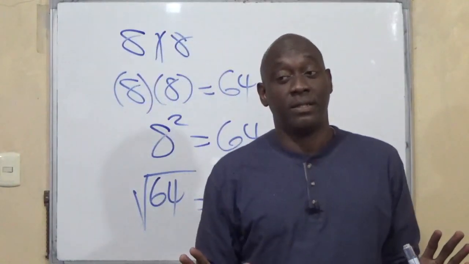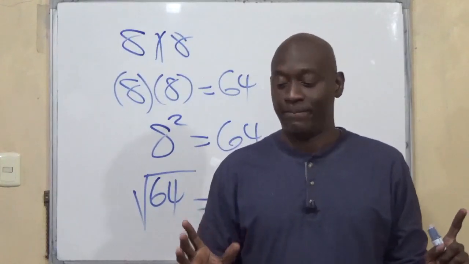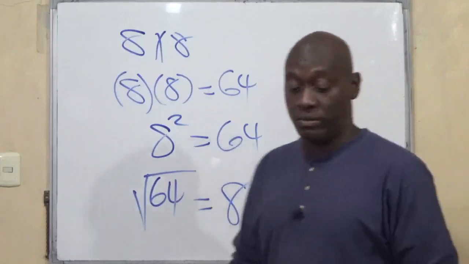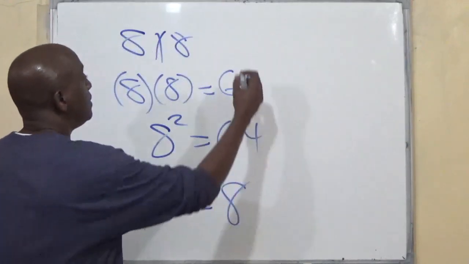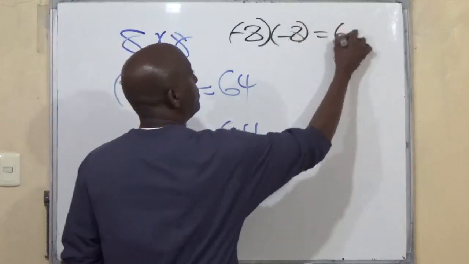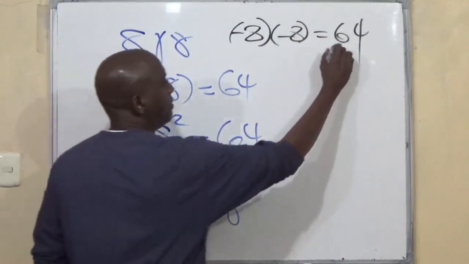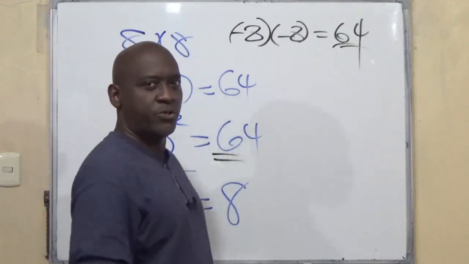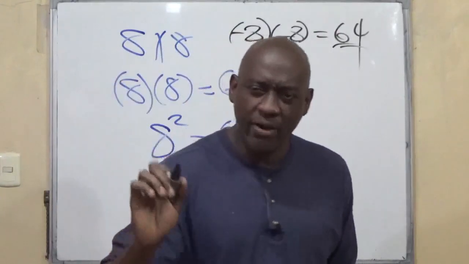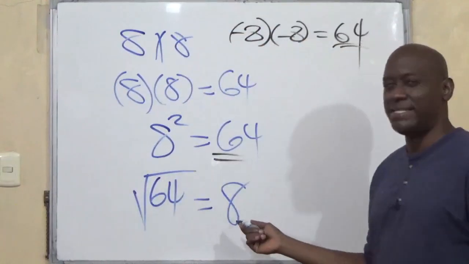But now that we're getting deeper into the negative numbers, and we're multiplying the negative numbers, we also know that minus 8 by minus 8 is also 64. Same 64. So in other words, in consideration of the square root of 64, it is no longer sufficient to just list 8 as your answer.